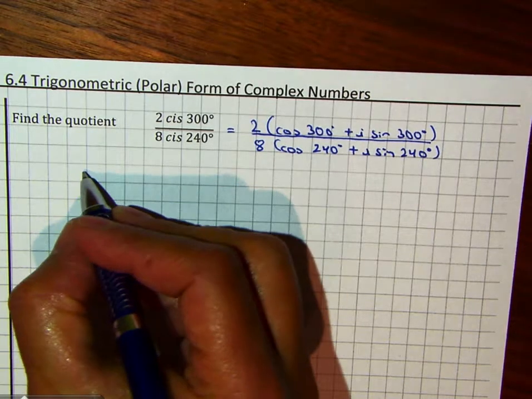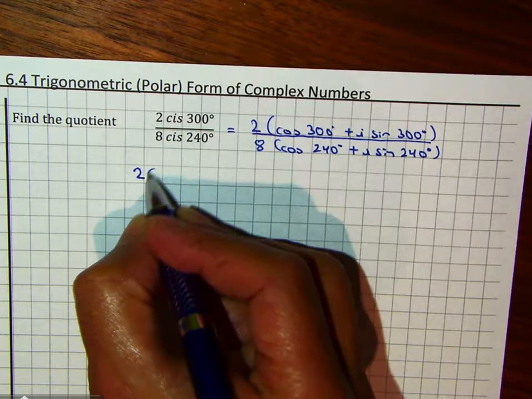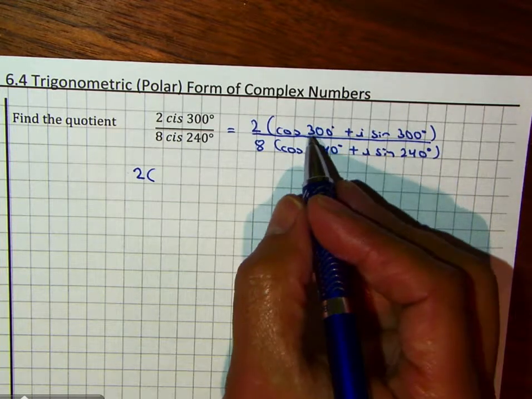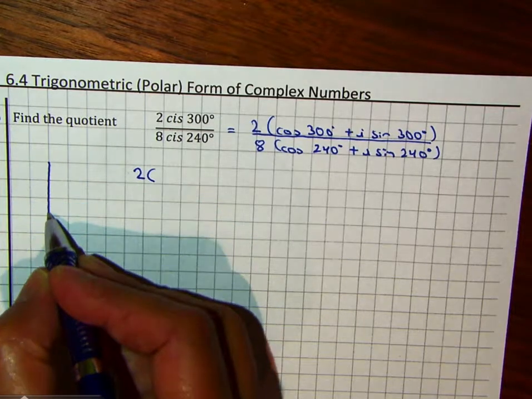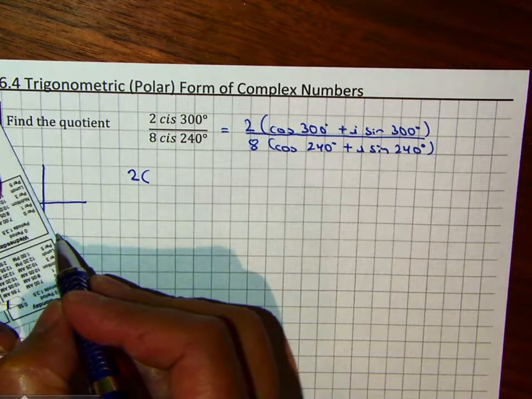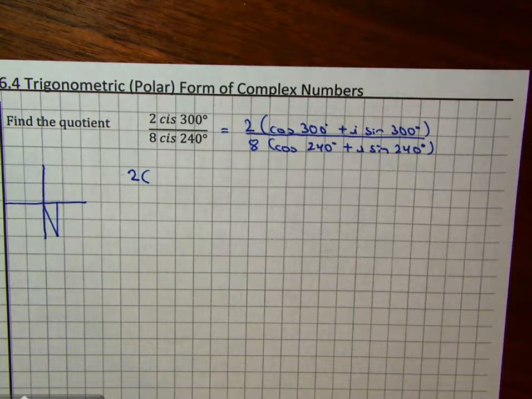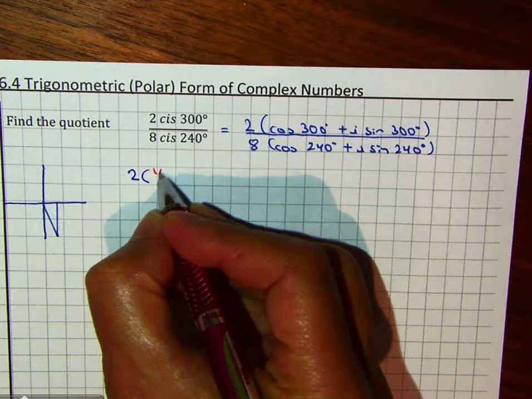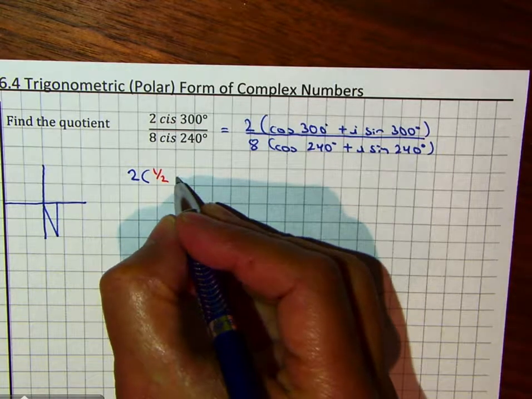And I'm going to take the time to evaluate cosine of 300 degrees. So 300 degrees is, if I make it quick, x and y axis, 300 degrees is right over here. So the cosine will be 1/2 plus i.